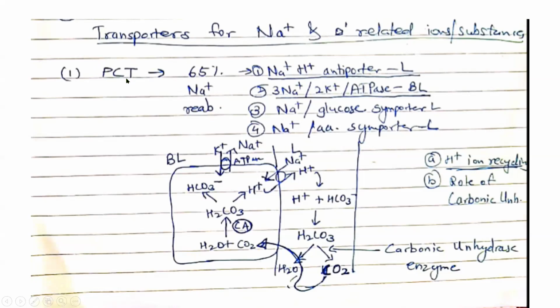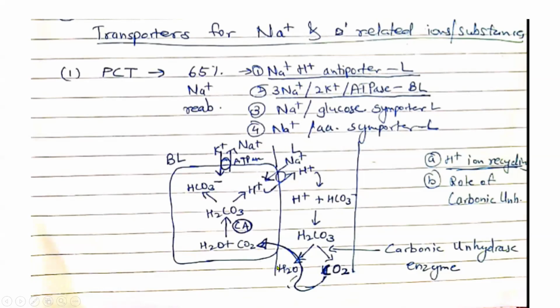At the proximal convoluted tubule, 65% of sodium, a major amount, is reabsorbed with the help of the sodium H plus antiporter, which is present at the luminal side. I was discussing that there is a luminal side and there is a basolateral side.